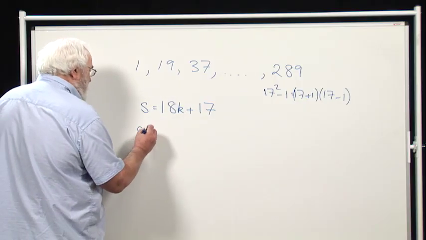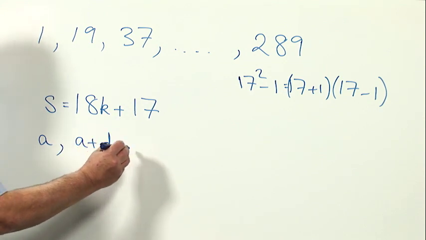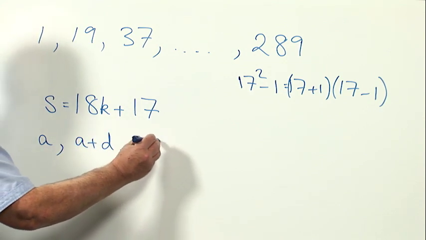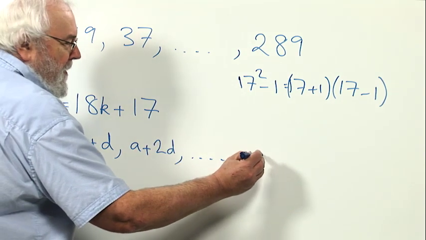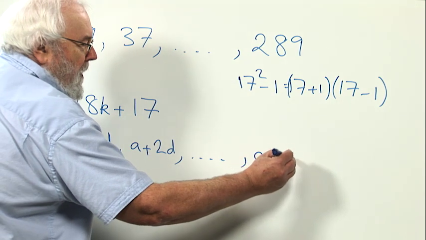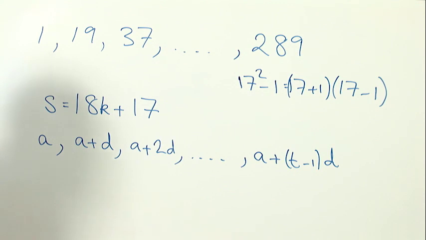So the first term is a. The next term would be a plus the common difference. The next term would be a plus twice the common difference. And you carry on, and the t-th number would be a plus (t minus 1) times the common difference.